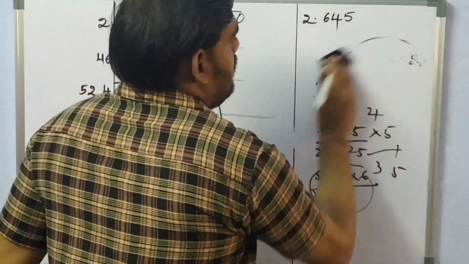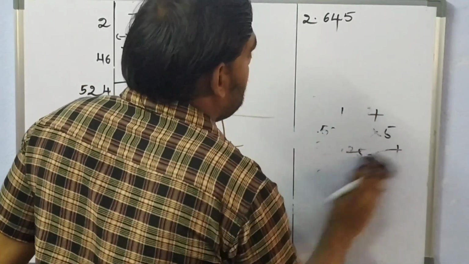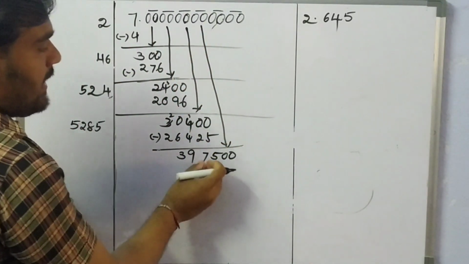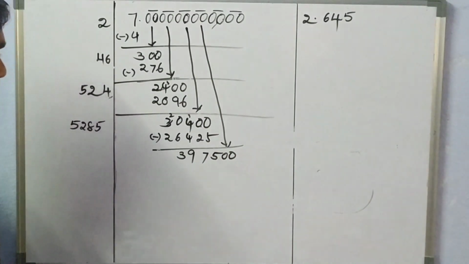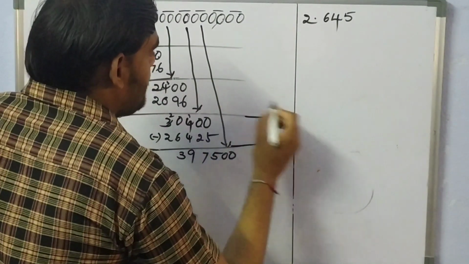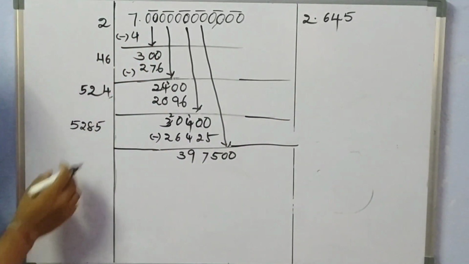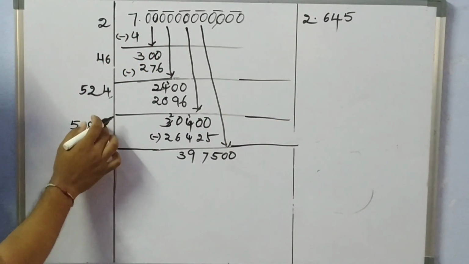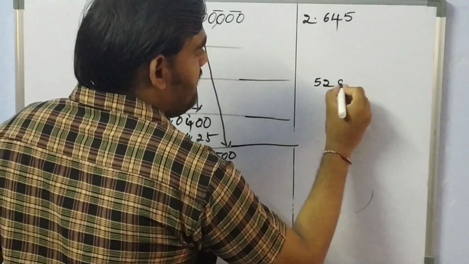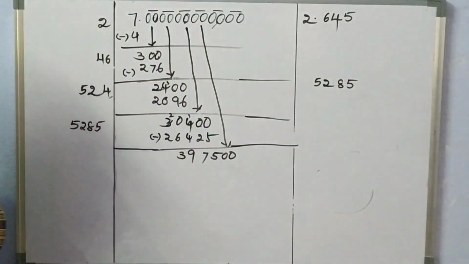Now the dividend is 3,97,500. For this dividend, we need to get a divisor also. So for that, take this one, double the last digit. For that, previous divisor is 5,285.